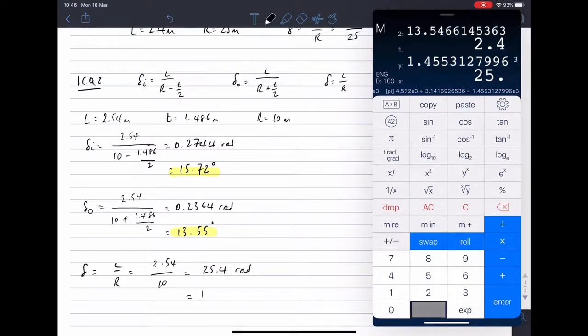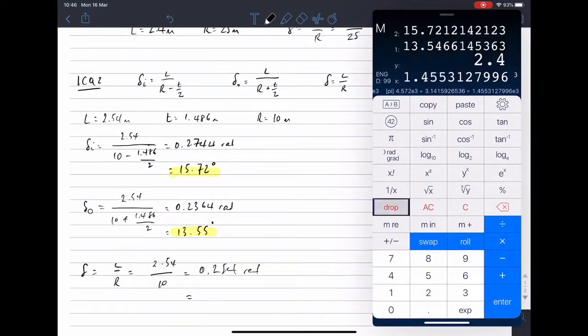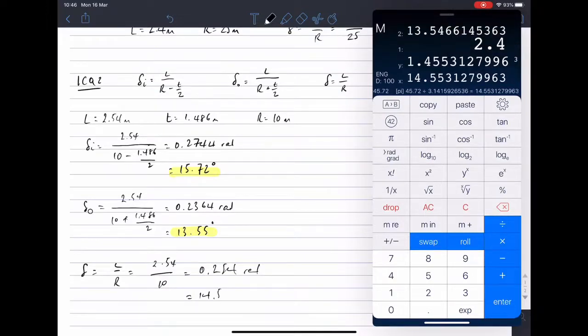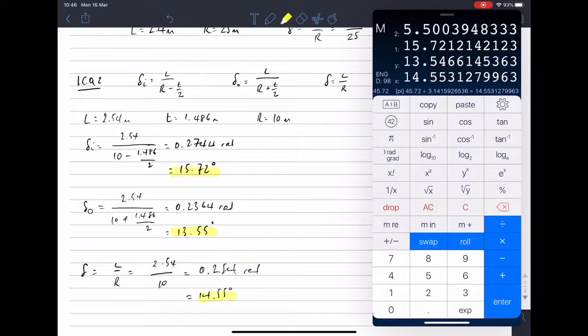Sorry about that. Okay, so that gives 0.254, 14.55 degrees. Slightly different than the average.